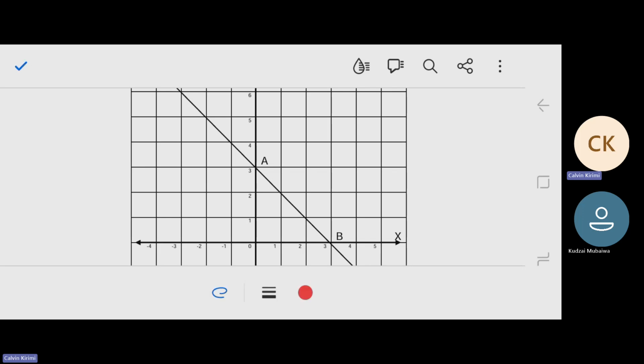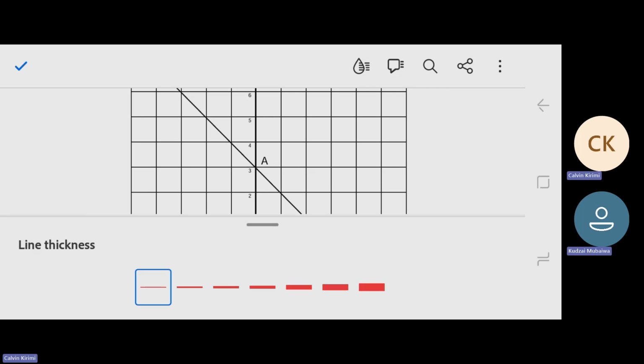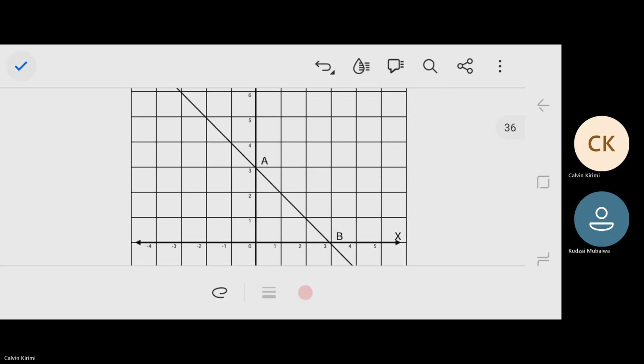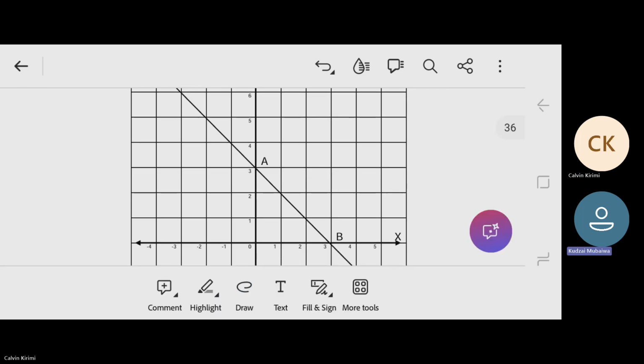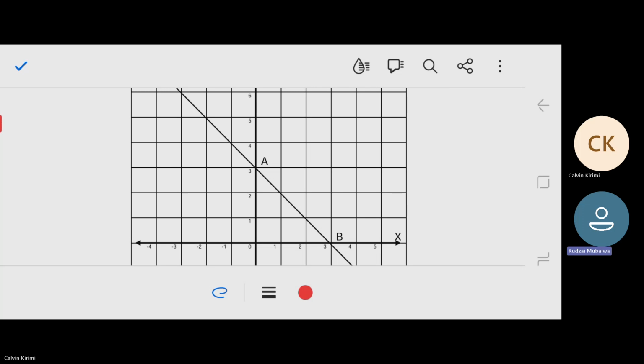Gradient, we said the formula, m is equal to y2 minus y1 over x2 minus x1.